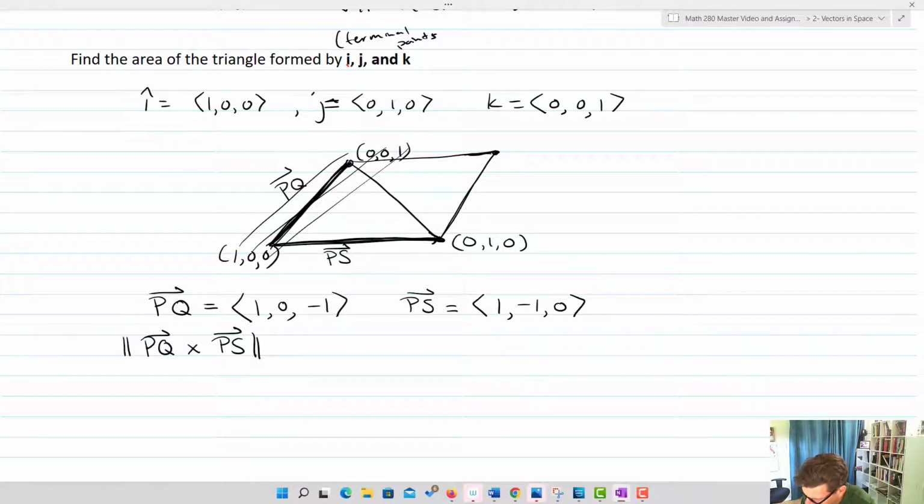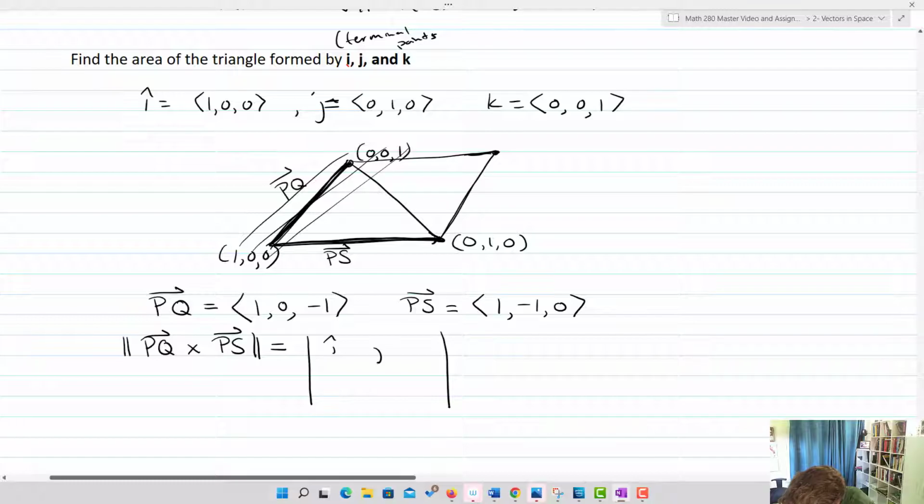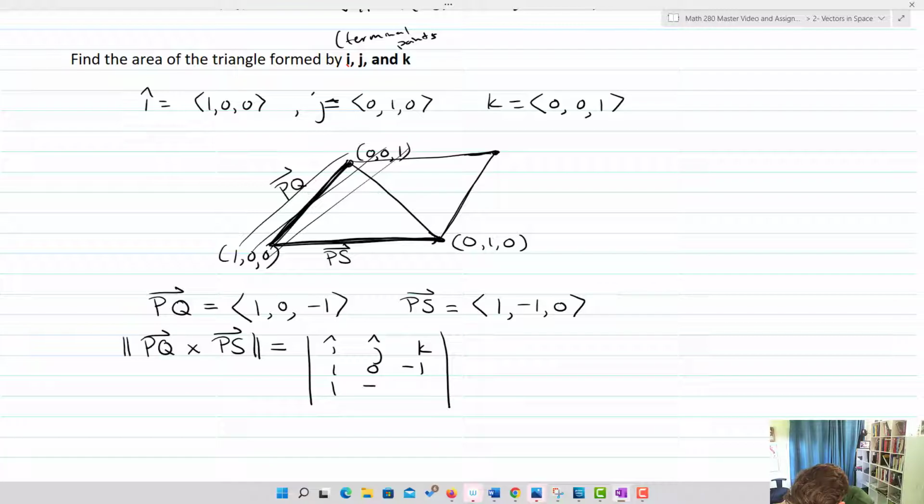So that's going to be the area of the parallelogram, and that'll equal i, j, k, 1, 0, negative 1, 1, negative 1, 0. And so this ends up equaling 1i minus, and then with our j, we've got 0 minus negative 1, so that's minus 1j, plus, and then our k term is going to be negative 1, so negative 1k.